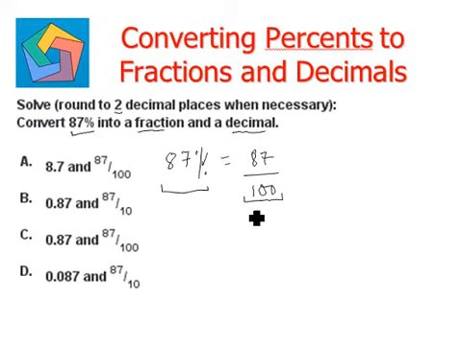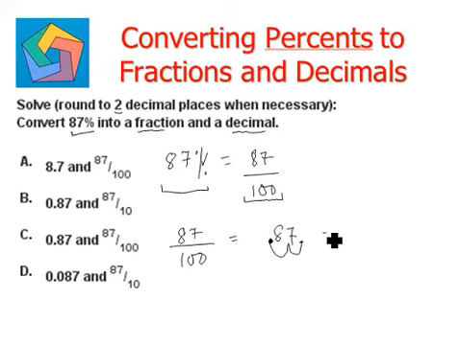Now, to convert this fraction into a decimal, we have 87 divided by 100. Whenever we have any number divided by 100, we write the number, stand at the extreme right and move two places to the left and bring the decimal sign over here.